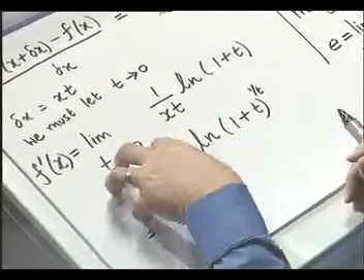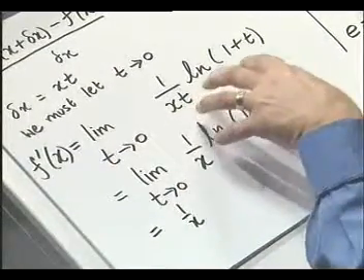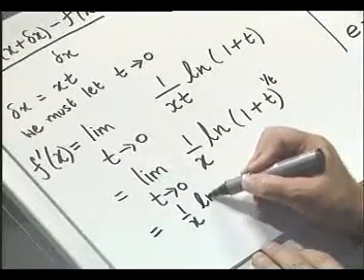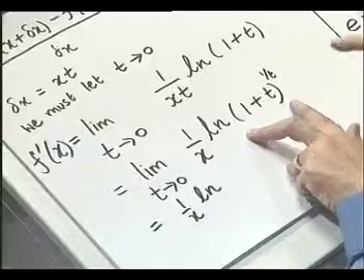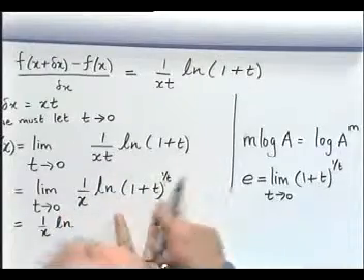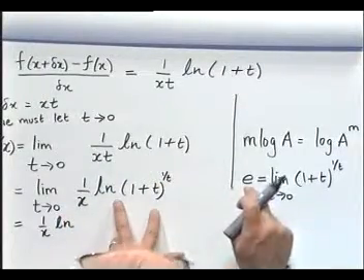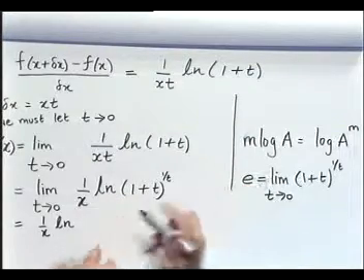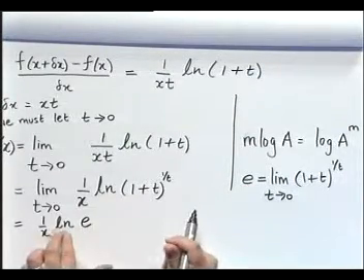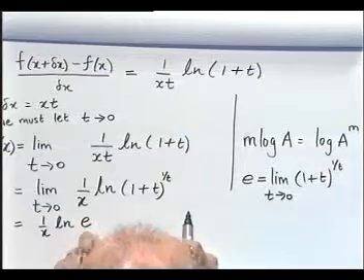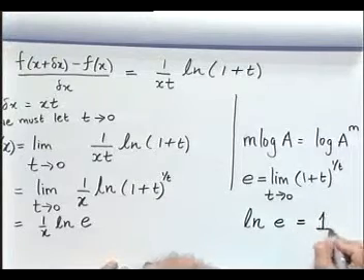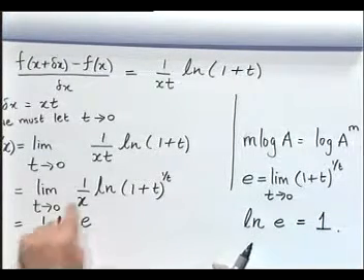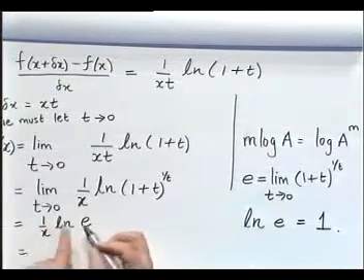We want to take the limit as t tends to 0 of this expression in here, which is the logarithm of 1 plus t to the 1 over t. But we've already said that as t tends to 0, this quantity just tends to the exponential constant e. So we end up with just simply ln of e. Final result we had was that the natural logarithm of the exponential constant was 1. So this bit in here is going to simplify to just 1.